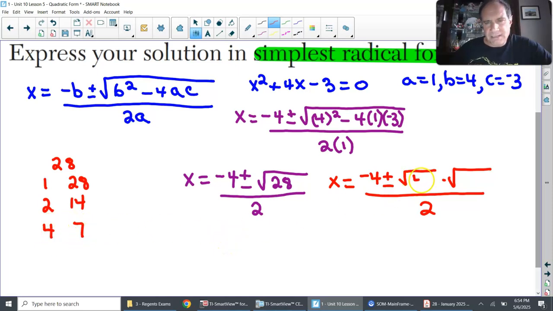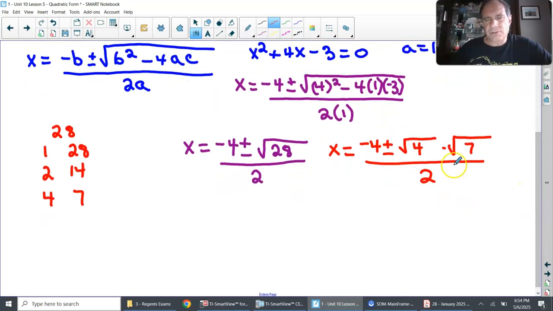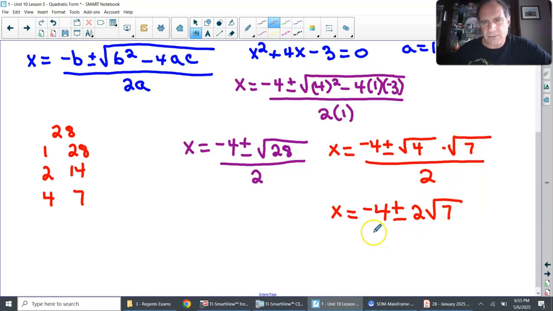So 4 is the largest perfect square that goes in, 4 times 7. And now we could split that up because the square root of 4 is 2. So x equals negative 4 plus or minus 2 times the square root of 7, all over 2.